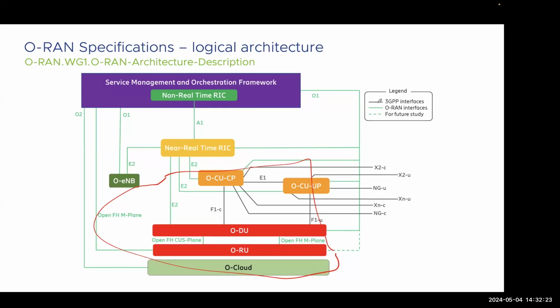At the same time, the standard 3GPP interfaces, the X2, the NG-U, the Xn, are not touched, but complemented with the E2 interface, O1 for the operate FCAPS, O2 for the cloud infrastructure management. And for the RIC, there is a specific interface between near real-time and non-real-time called A1.